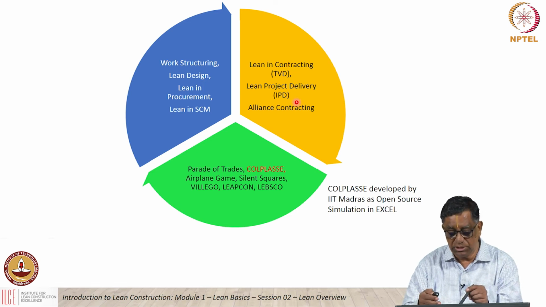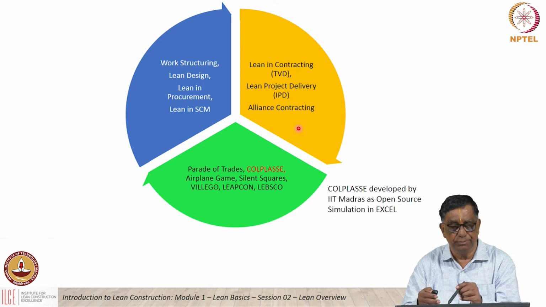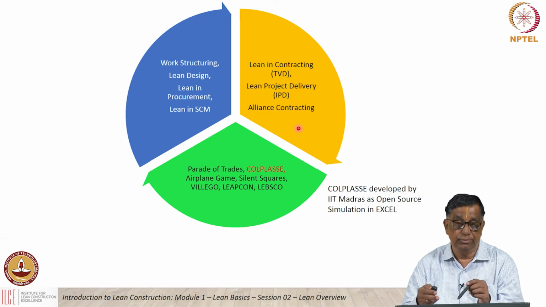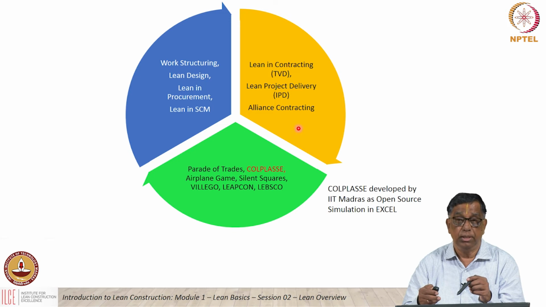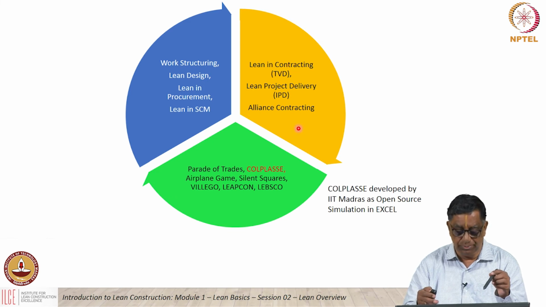So, alliance model is very attractive, very efficient and really collaborative, but then that requires a very high level of maturity between all the stakeholders. We had a few examples in the world and also in India in the alliance model. Difficult to achieve, but then it can yield tremendous value if properly practiced.